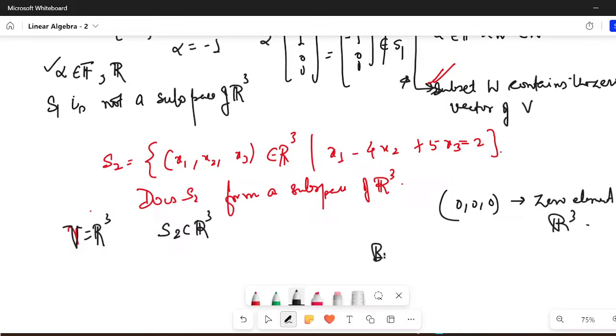But does S2 contain (0, 0, 0)? No, it does not. If I place (0, 0, 0), it gives 0 minus 4 into 0 plus 5 into 0, which is equal to 0, not 2. So clearly (0, 0, 0) is not contained in S2, so S2 is not a subspace.